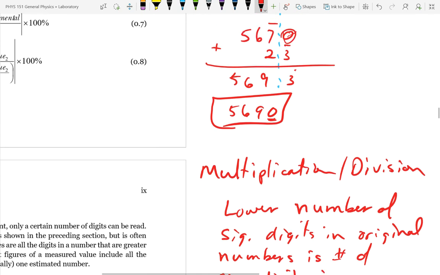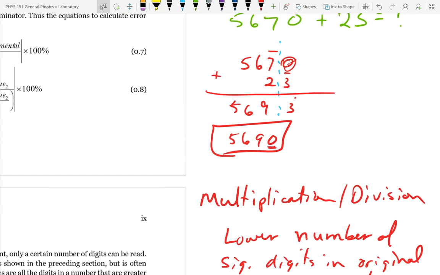So if I was multiplying these two numbers, one of them has 3 significant digits, one of them has 2. What's smaller, 3 or 2? 2. And so my answer would have 2 significant digits.